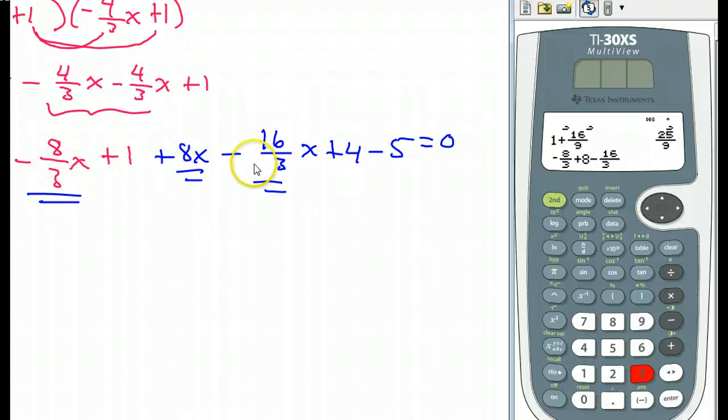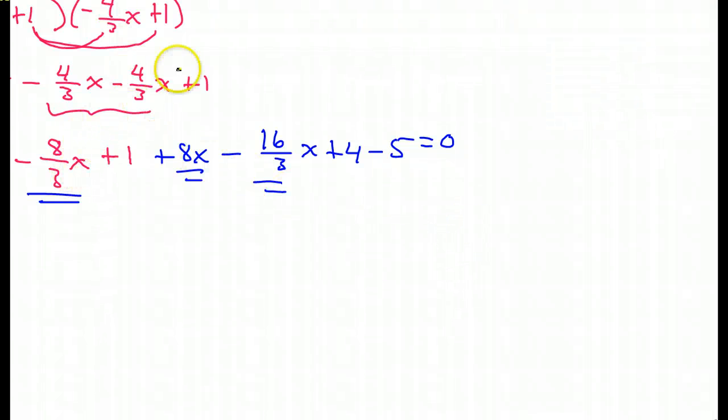Okay, so that's all three of these things, and that is 0. Well, that's pretty cool. So that means that all three of these things cancel each other out. Gone, gone, gone.